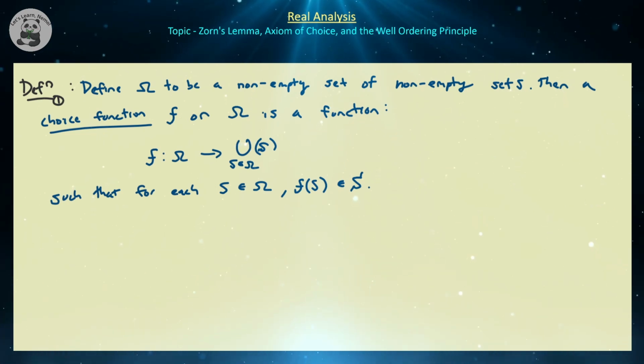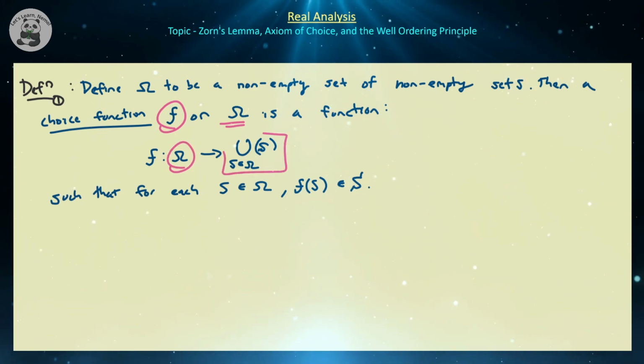So then we define a choice function, f, on that collection of sets, and it's a function obviously from the set of sets into, in here, when we say the union of S. So you take all of those sets inside of omega and you unionize all of their elements together.